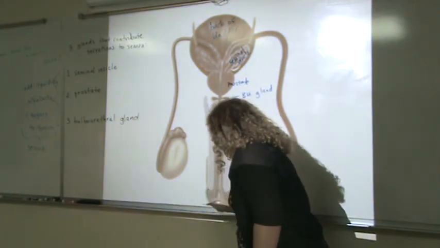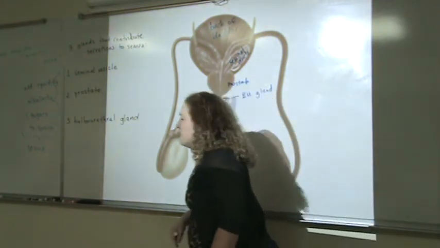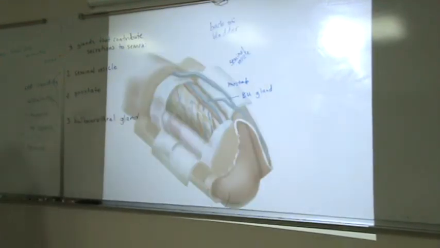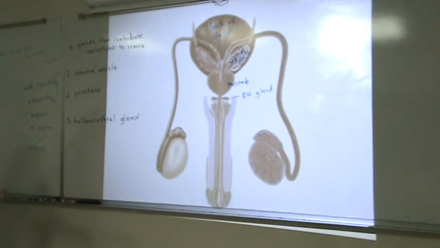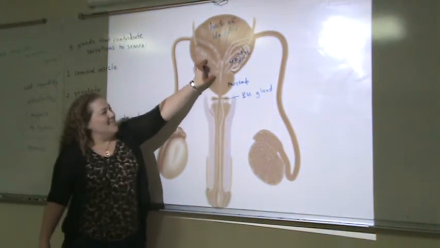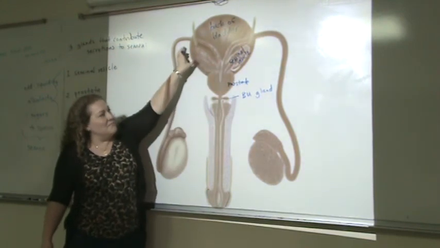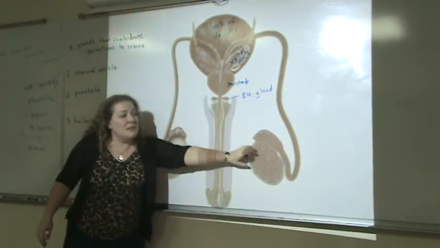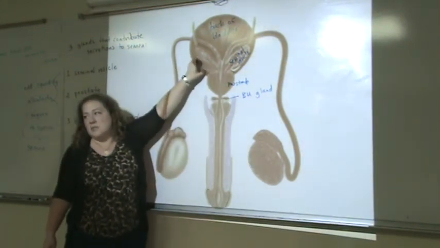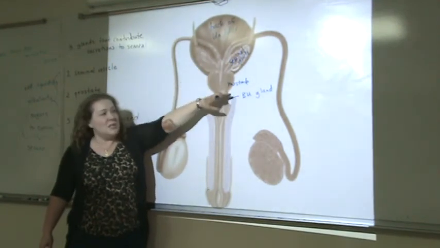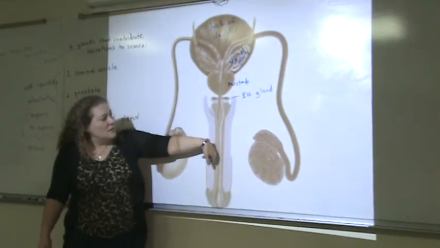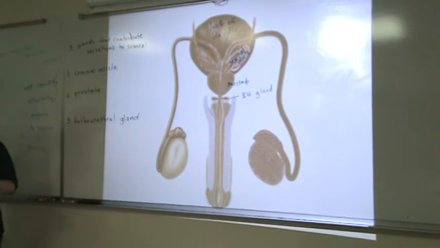I'm getting down low on the screen. Let me see if I've got another picture. Yeah, this one's better, or worse, depending on how you feel looking at it. So that's showing the parts of the reproductive system that are making sperm plus the fluid semen. So by the time we get to here, could have semen.